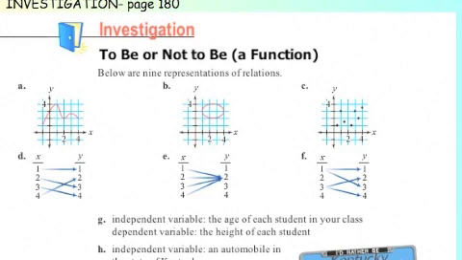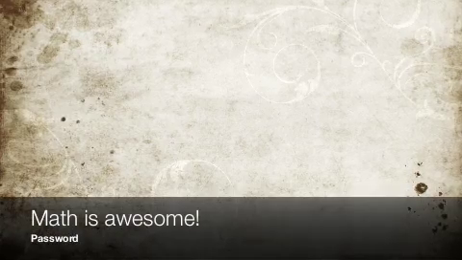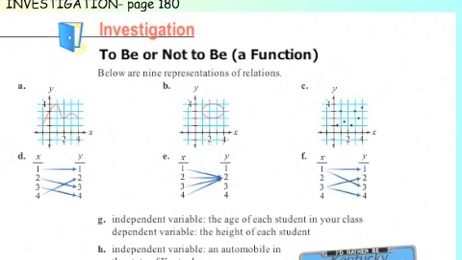A is a function because if I run a vertical line across the graph, you will see that at any given point, it never crosses the graph in more than one place. B is not a function because you'll notice if I run a vertical line test across the graph, at some point it will cross the graph in more than one place.